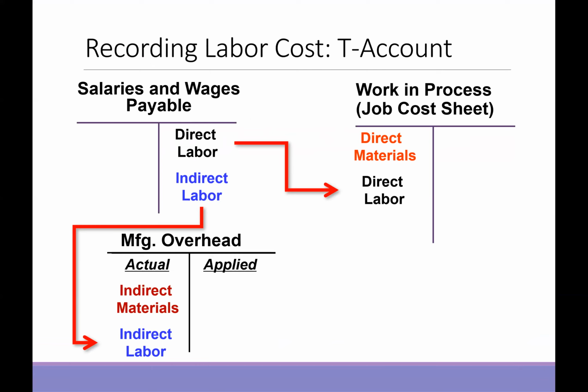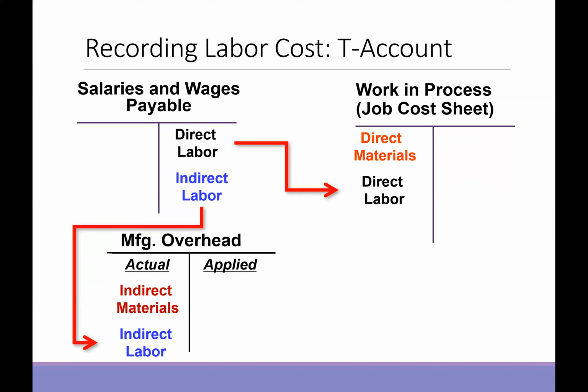Some go directly to jobs we're working on, and that can be identified to specific jobs that will go into work in process. That labor that's not, quote, direct, of course, flows into manufacturing overhead. So many items, guys, get thrown into manufacturing overhead. That's why it's so important for us to come up with an accurate predetermined rate.